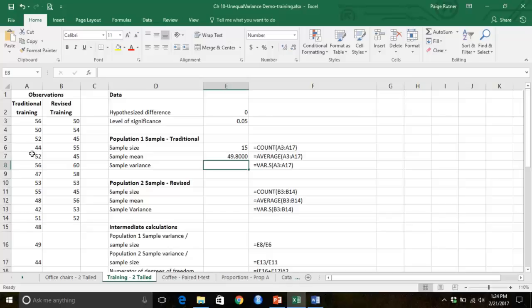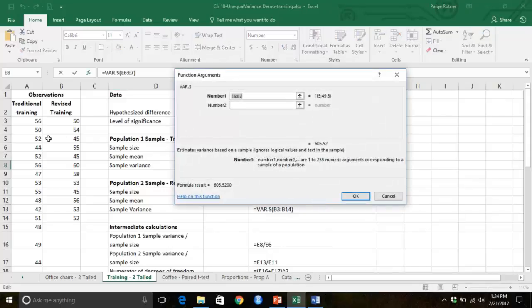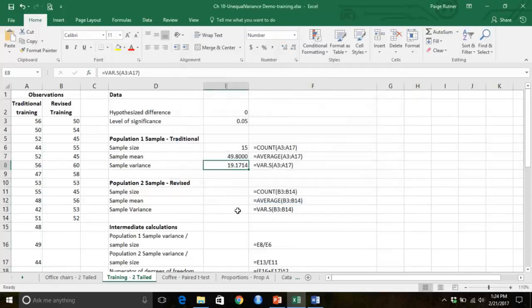So maybe that's scores out of 60 or something. I don't know exactly how the scores are computed, but that's the raw data we have to work with. And then for my sample variance, I'm going to use my var.s function to compute the variance of a sample. And so I get 19.1714.